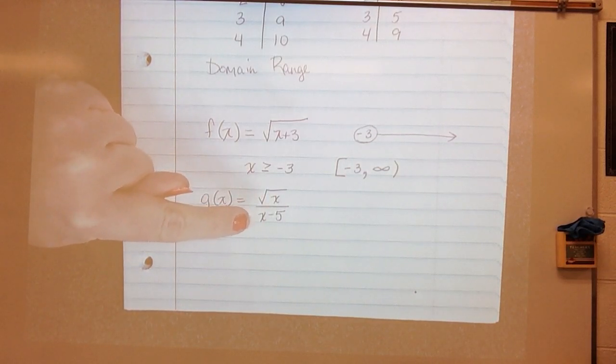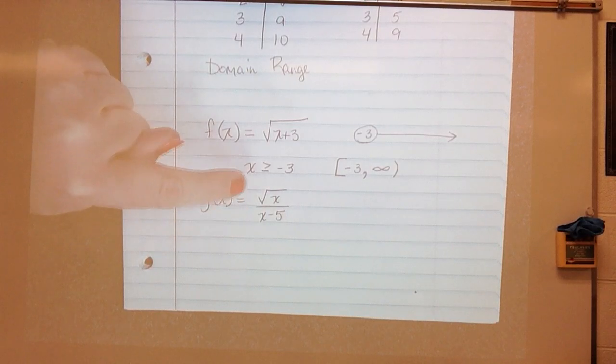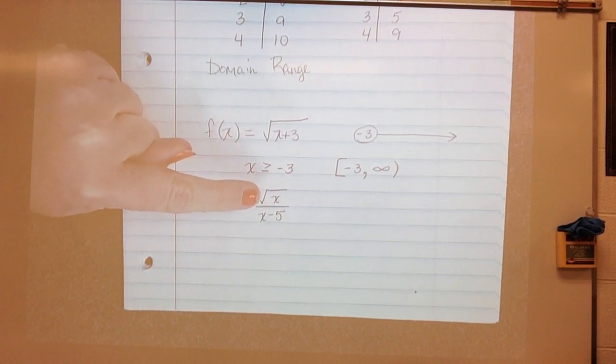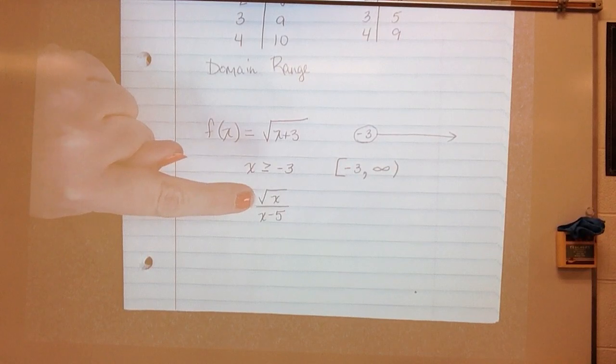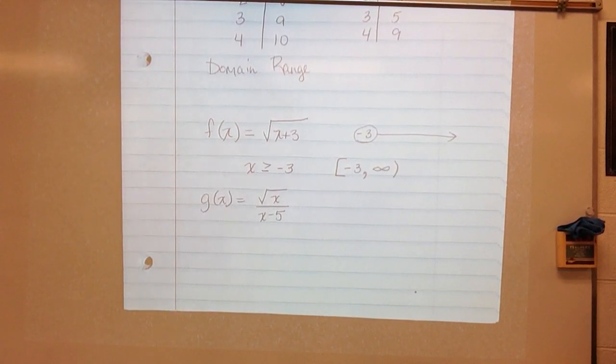Well, on the bottom, it wouldn't matter. I could put negative numbers in there. But if I put a negative number in for x at the top, would I get a true statement? I can't find the square root of a negative number right now. So therefore, I cannot put any negative numbers in there.